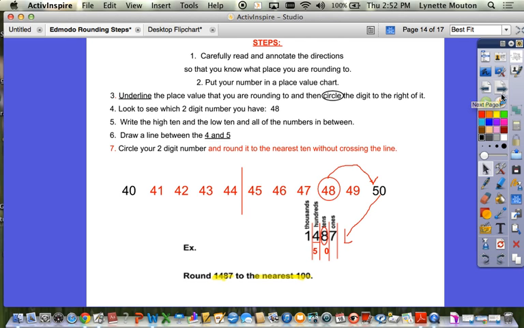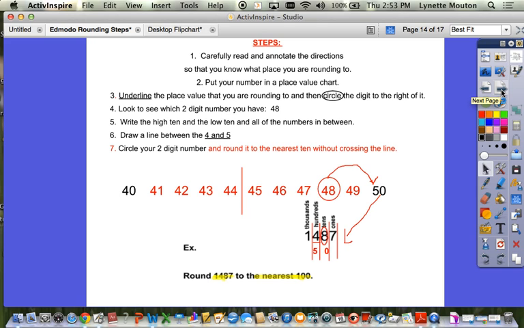Okay, the last 2 steps when we put it in the place value chart, the whole reason is so that we can bring down the numbers that are to the left. Good. If they're to the left, you're going to do what? Leave it alone. If they're to the left, leave them alone, okay?